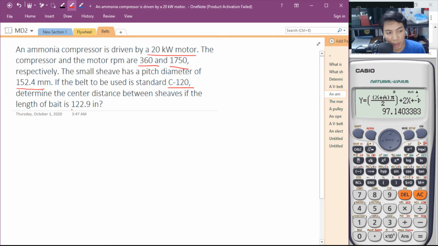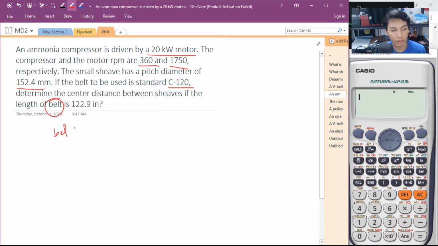If the length of the belt, correct ko na lang ha. Hindi siya bait. This is belt. 2.9 inch. So, binigay na yung length of belt mo. Ang hinahanap mo dyan is, okay, this is mahaba equation, pero ang ginagawa ko dito, sinisolve ko na lang sa calculator.